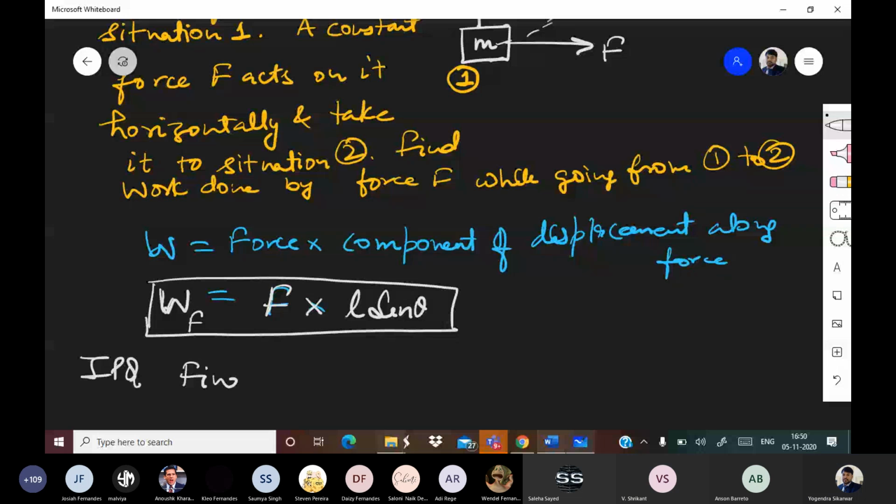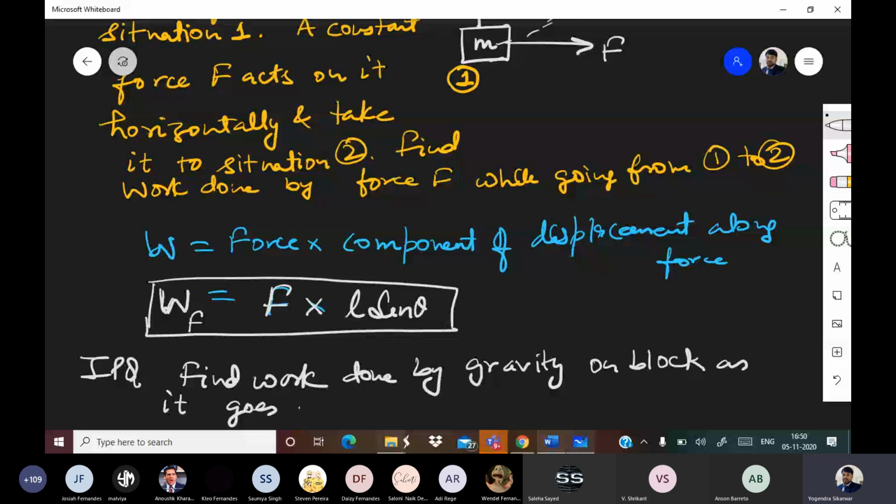Find work done by gravity on block as it goes from 1 to 2. Please find.